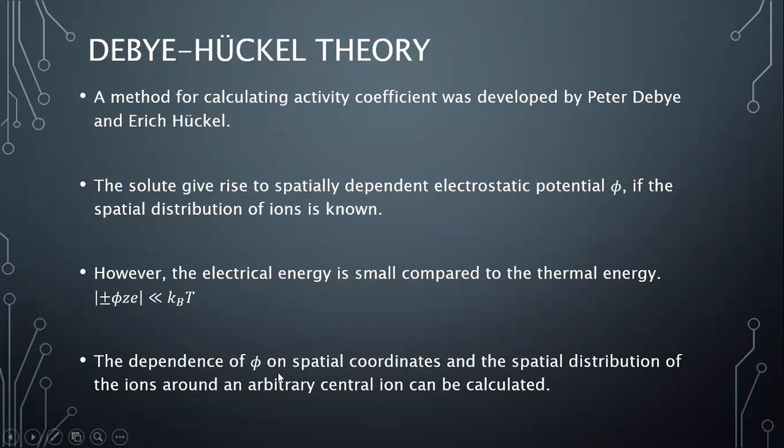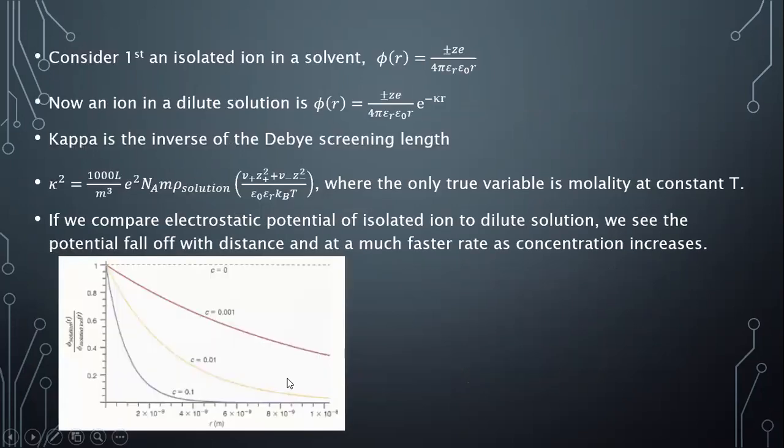Now, the dependence of phi on the spatial coordinates and the spatial distribution of the ions around an arbitrary central ion can be calculated. So you're saying, I'm going to take an imaginary ion in space and calculate the electrostatic potential around it. Just consider first an isolated ion in a solvent, just one ion.